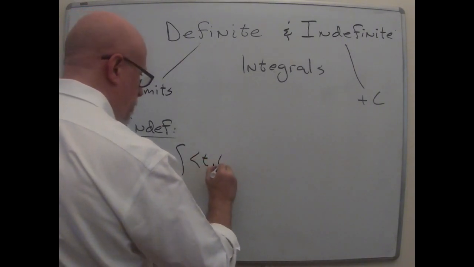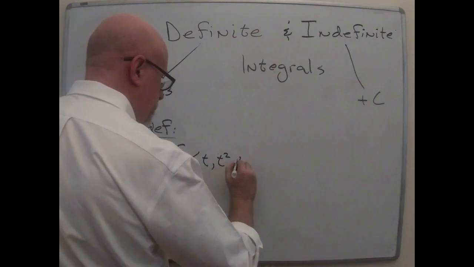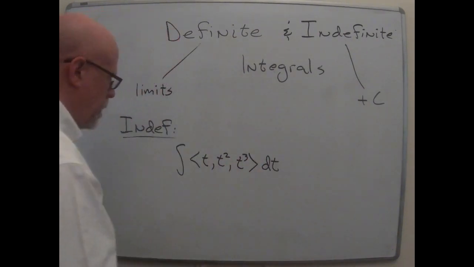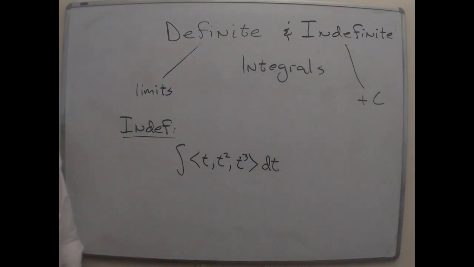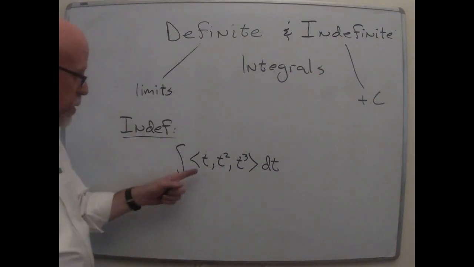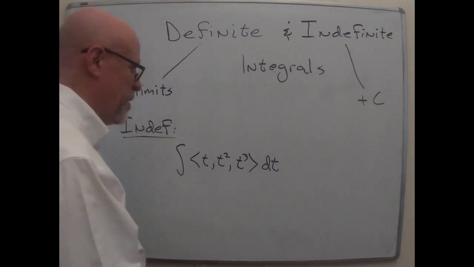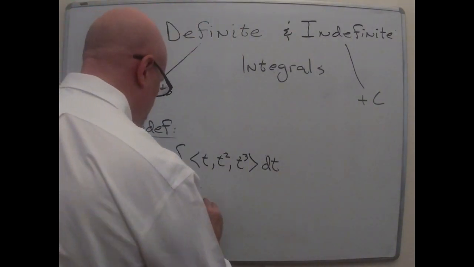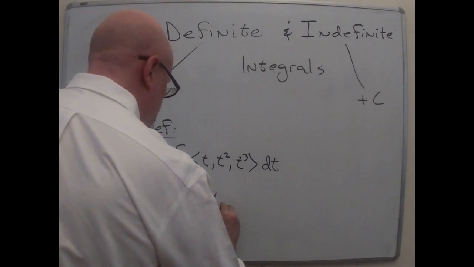Well, let's use that one I've been using, t squared, t cubed, with respect to time. No limits on this integral, so we don't have that part. It's okay, I guess I should write it out. What you do is you create a vector that has the integral of the components.